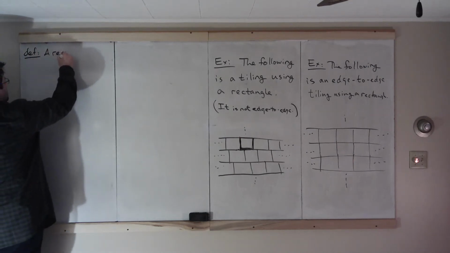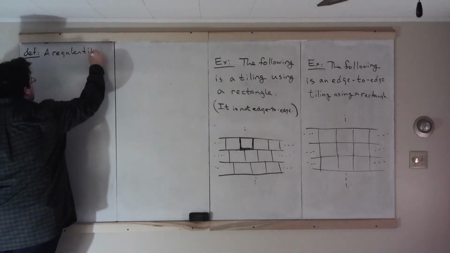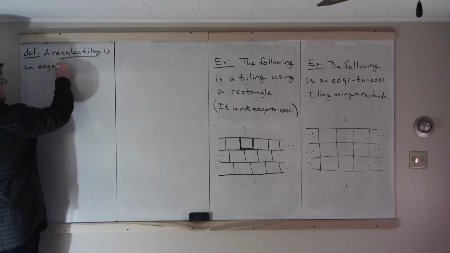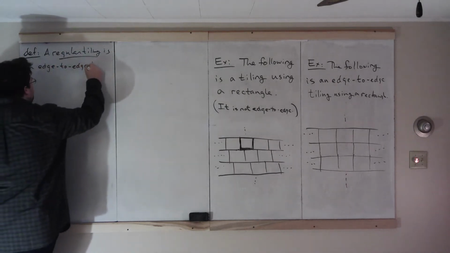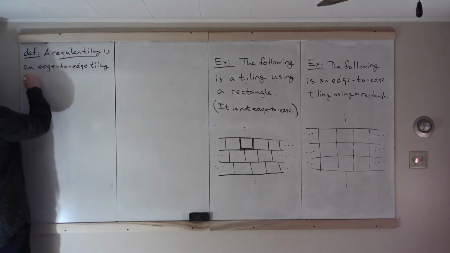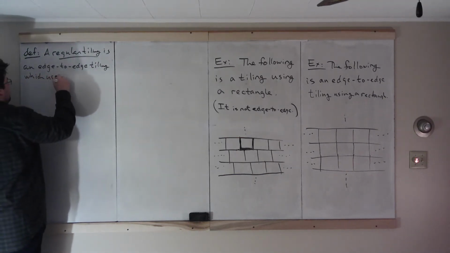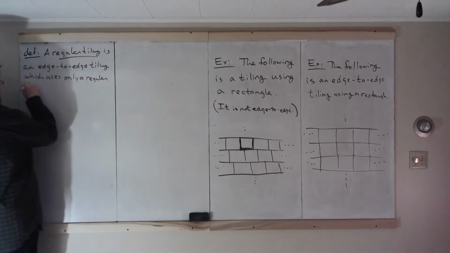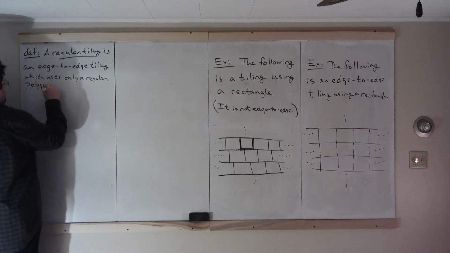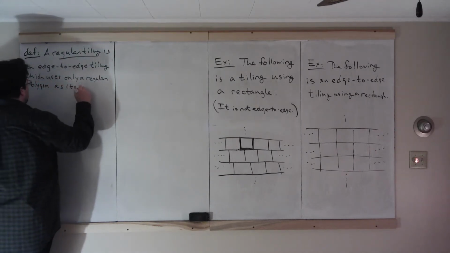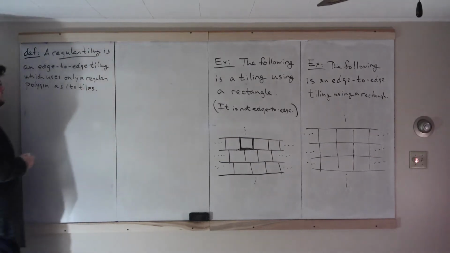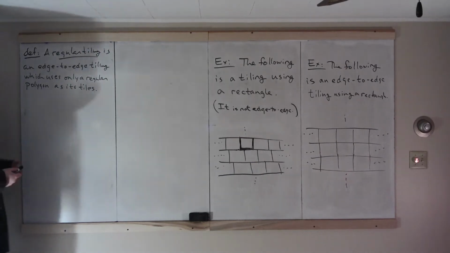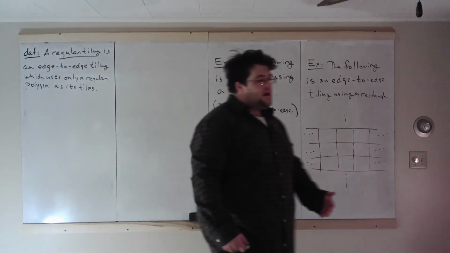A regular tiling is an edge-to-edge tiling which uses only a regular polygon as its tiles. So a regular tiling is edge to edge, and it uses only a regular polygon. A rectangle is not a regular polygon.